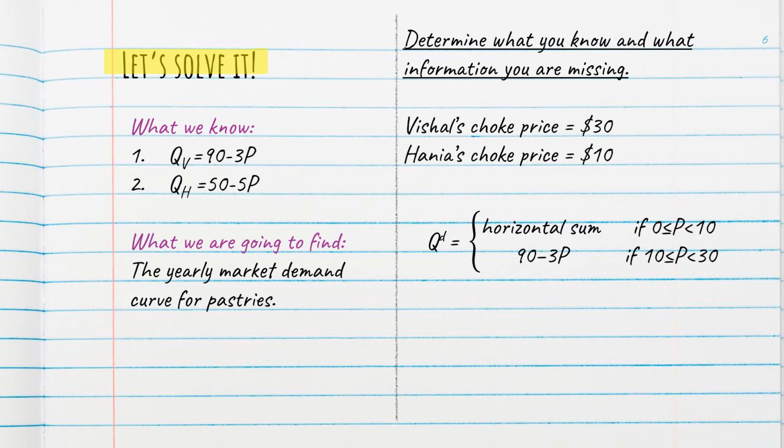So we write down the following intermediate function. The quantity demanded by the market is going to be the horizontal sum of the demand curves for low prices, when price is less than Hanya's choke price. If price is above Hanya's choke price, then the demand is just going to come from Vishal. We know his demand curve is 90 minus 3p.